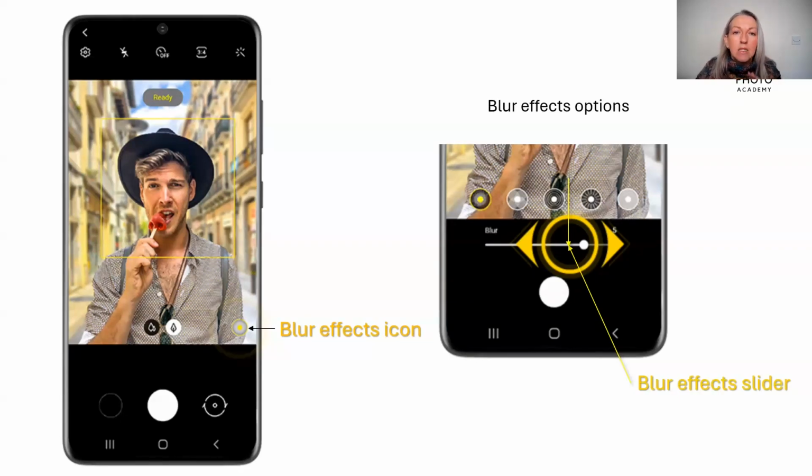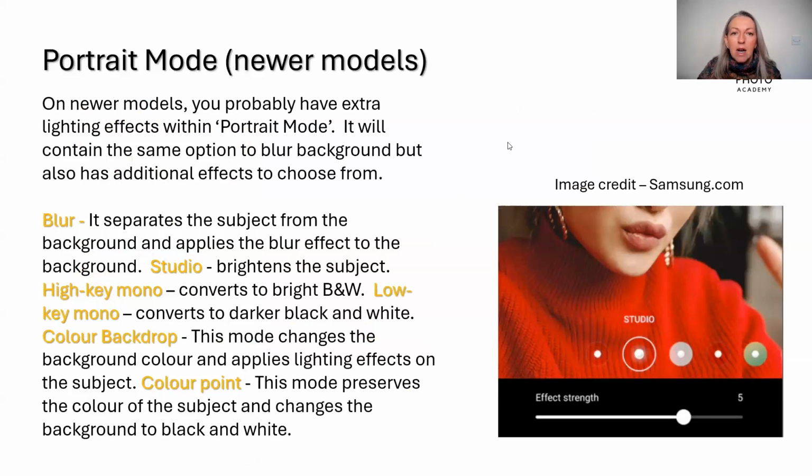And on some Android phones, what I have noticed is you don't actually see it at the time when you're taking the photograph, but when you go to view it in the gallery, the blur will have been applied. And on Android phones as well, you have studio lighting effects, much like the iPhone. So you have the blur option, but you have studio lighting, which brightens the subject. High key mono converts it to a brighter black and white.